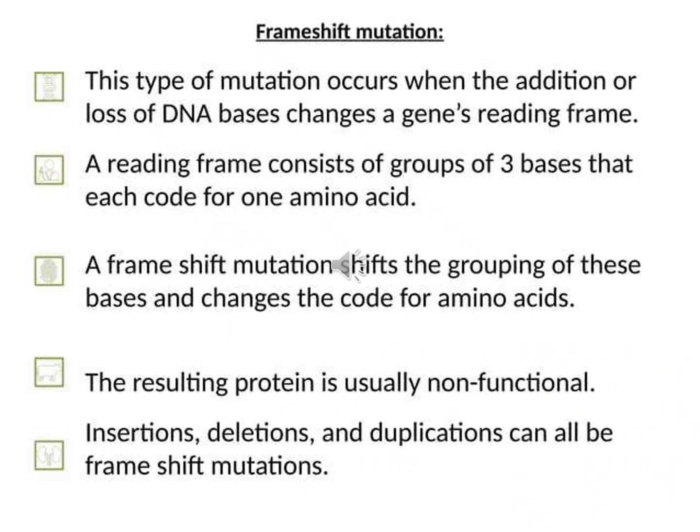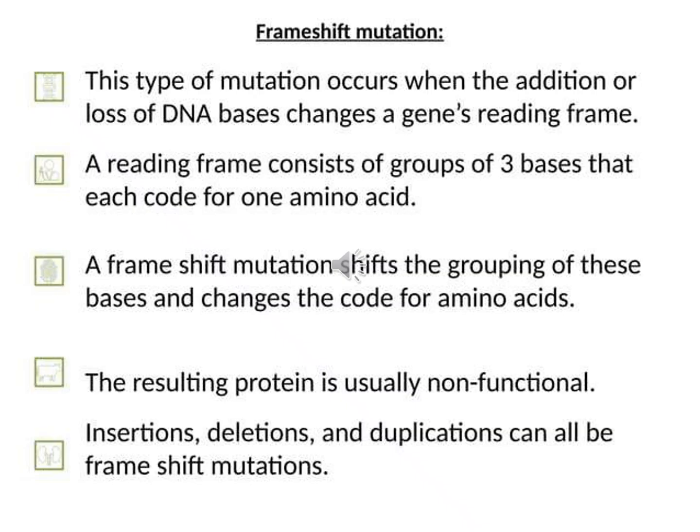So a frame shift mutation shifts the reading frame of mRNA due to insertion or deletion, leading to a completely altered and usually non-functional protein. This mutation occurs when the addition or loss of DNA bases changes a gene's reading frame. This reading frame consists of groups of three bases that each code for one amino acid.